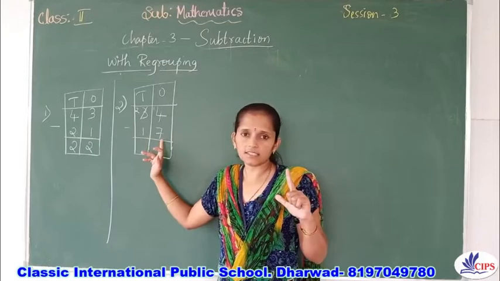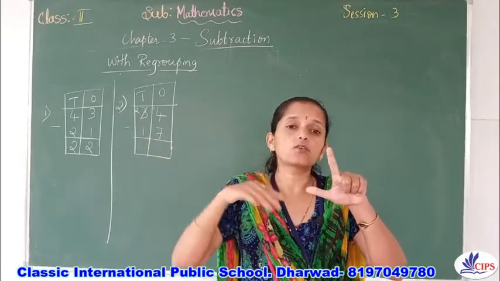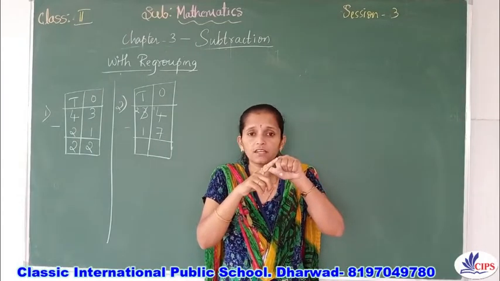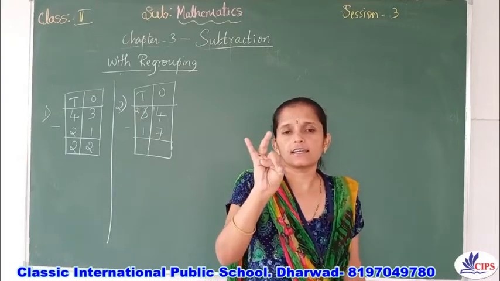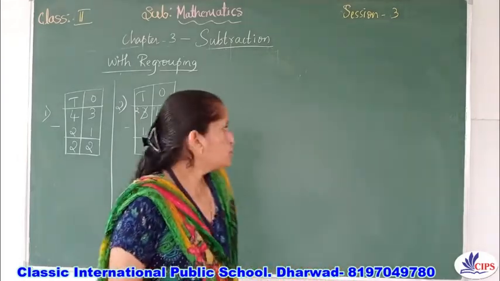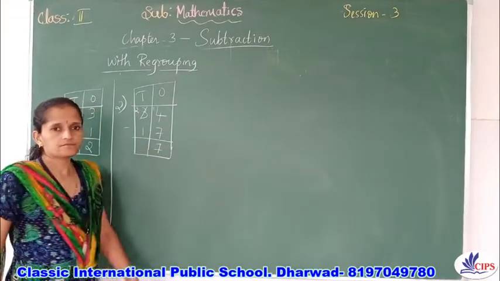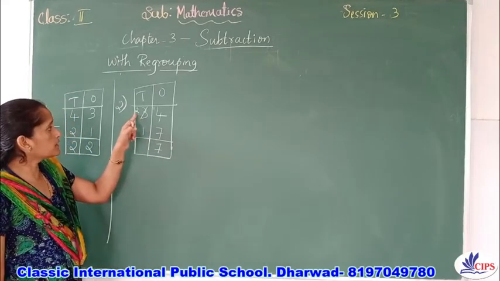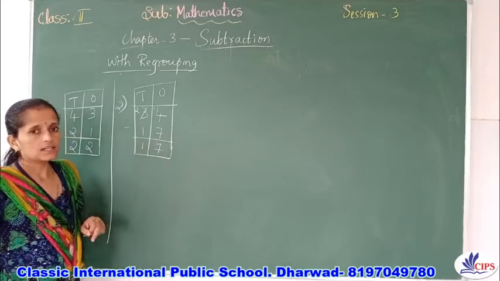Hold 7 and go in reverse counting: 13, I am not taking 14 here, 13, 12, 11, 10, 9, 8, 7. So 14 minus 7 is 7. And when I crossed out, this is the new number: 2 minus 1 is 1.